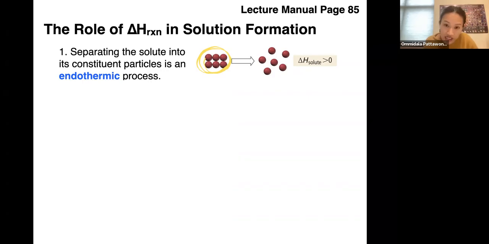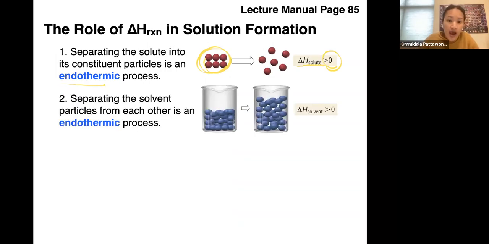So the enthalpy change of this part is going to be a positive value. We refer to this as the change of enthalpy of the solute being a positive value. This process is endothermic. When you separate things, when you break bonds, it's always going to be endothermic. It requires heat to separate them.